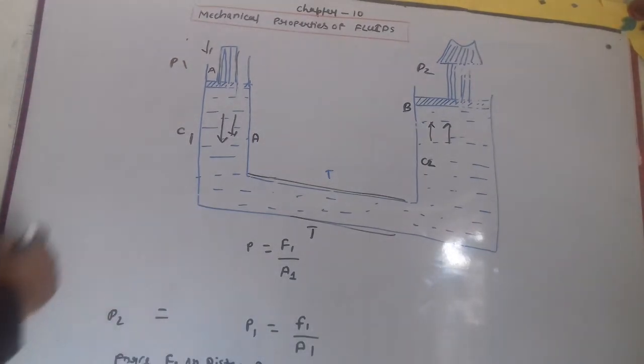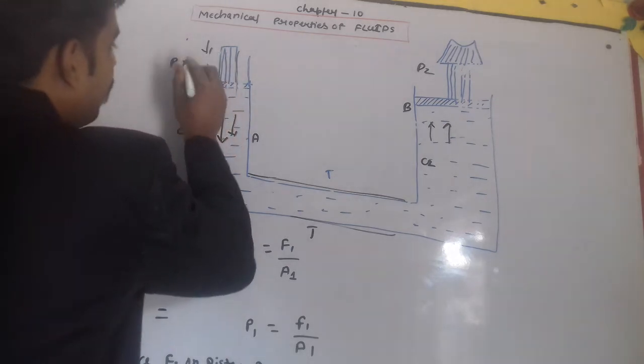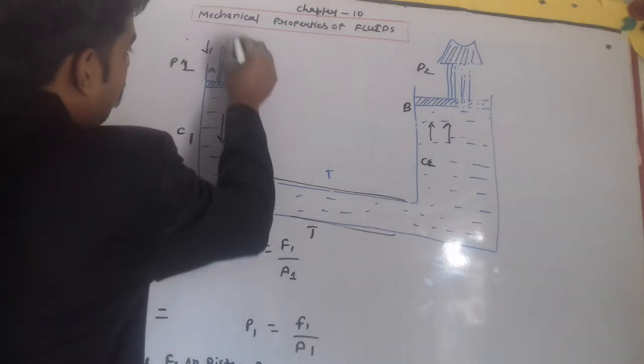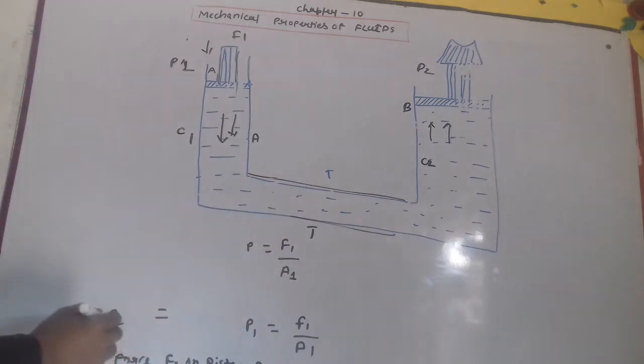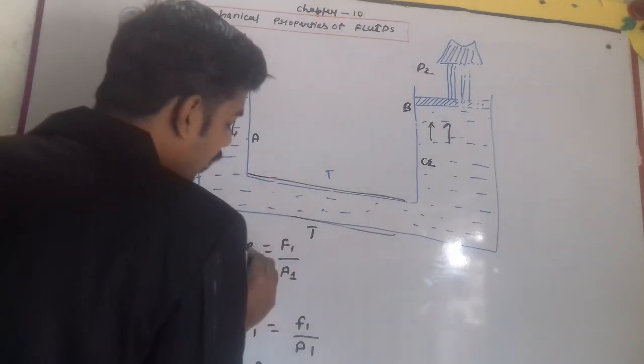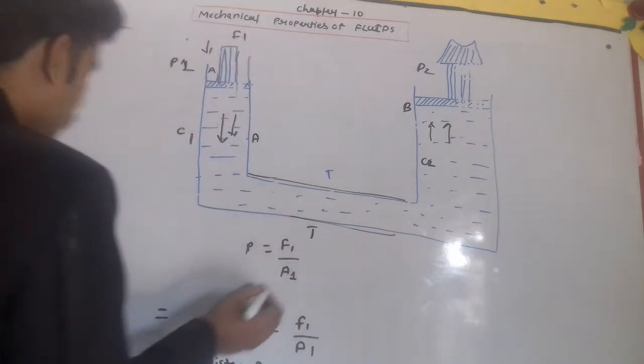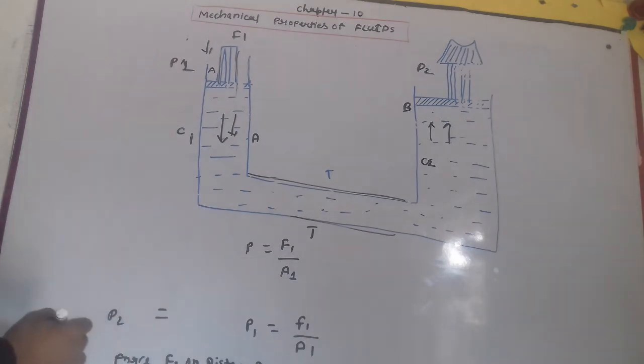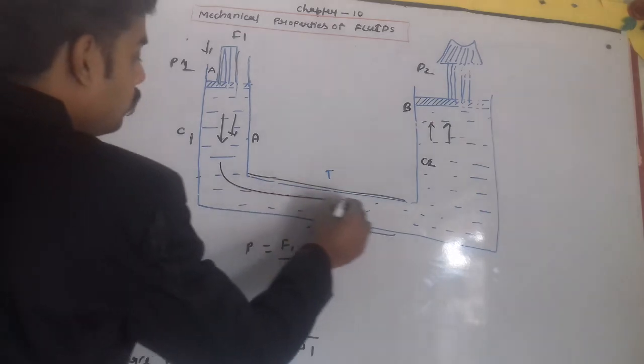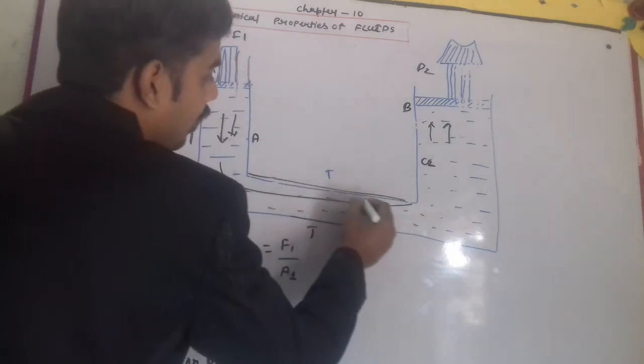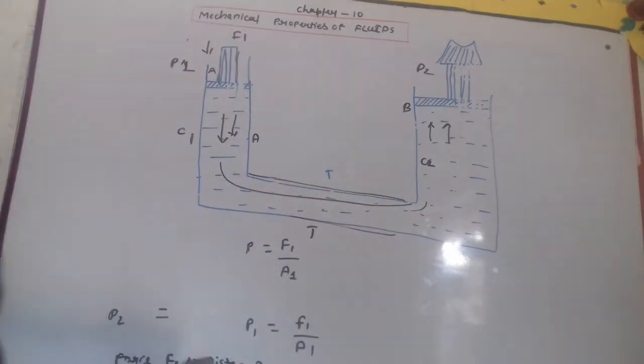On piston P1, force F1 is applied. We know that pressure is equal to force upon area, so the pressure will be F1 upon A1. This pressure is transmitted to the container C2, and the liquid gets pushed upward.